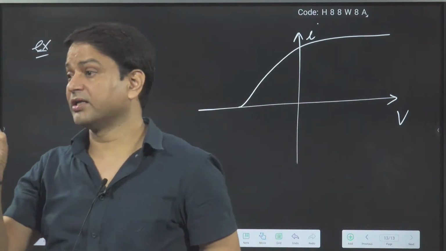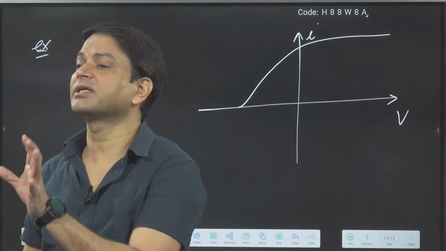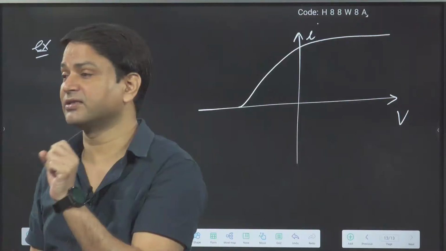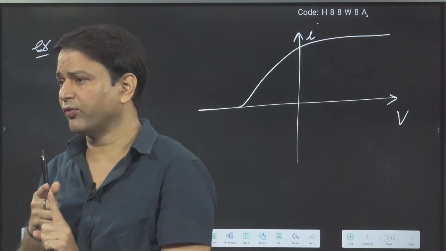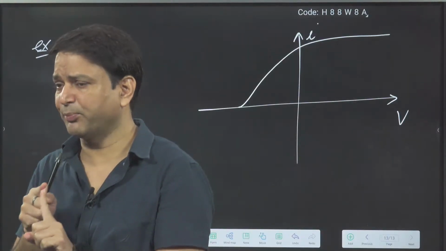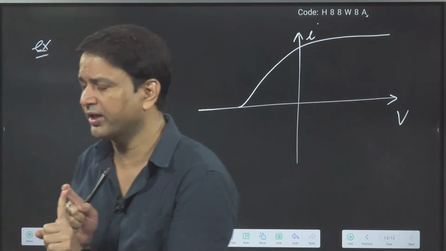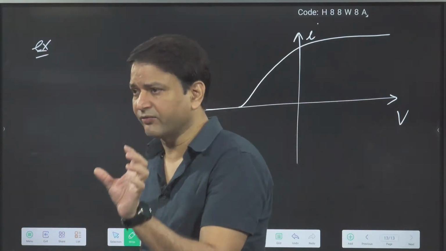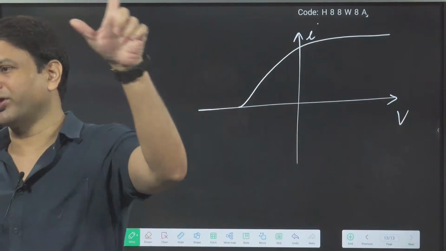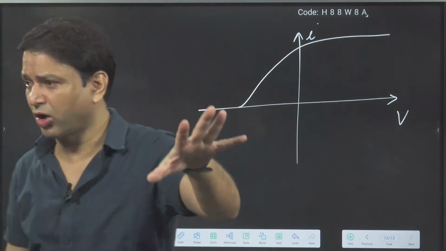One quantity we learned is stopping potential. Stopping potential is the negative potential for which current is 0. So current will be 0 when the potential is negative, and that is equal to the stopping potential.